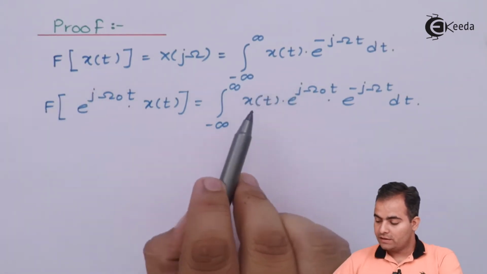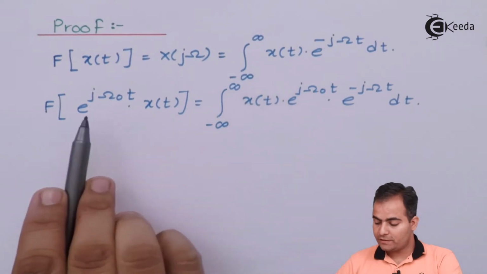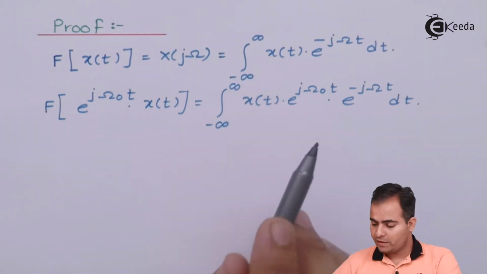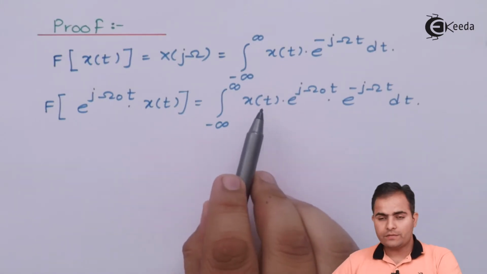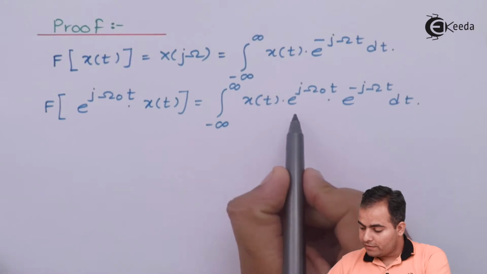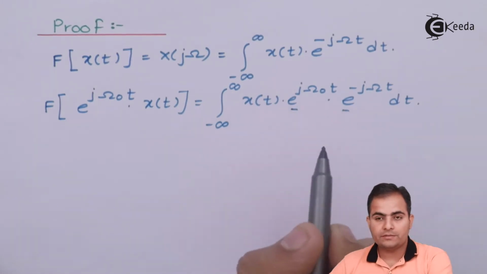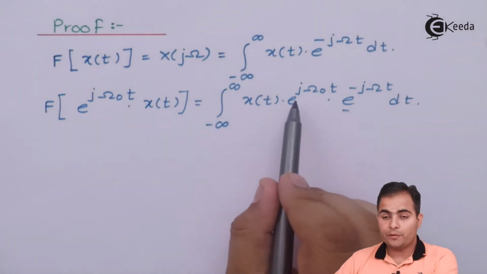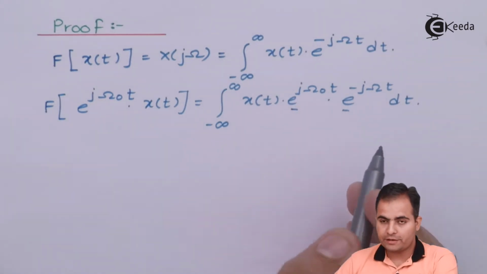That is, this whole x of t is replaced by x of t into e to the power j omega naught t, which is mentioned over here. Now, look here, my x of t is in pure form, so no need to change this x of t. But here, we have two exponential terms. So, what I am going to do first is add the powers of the exponential terms.